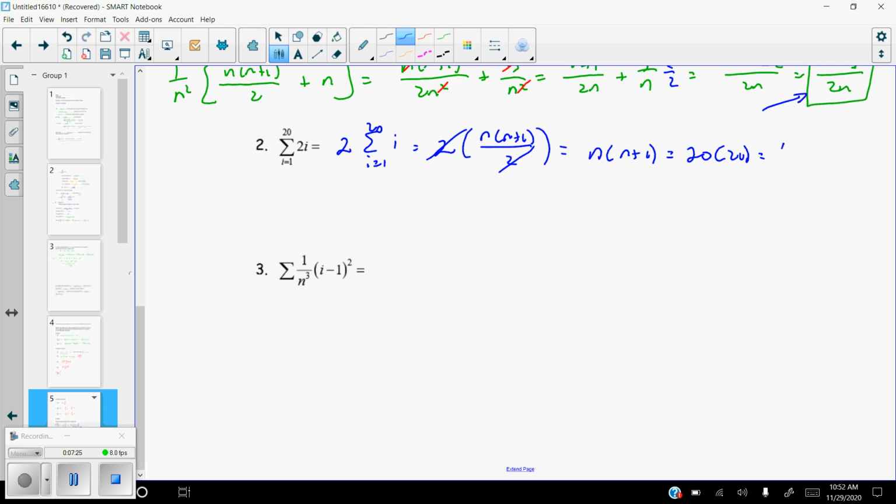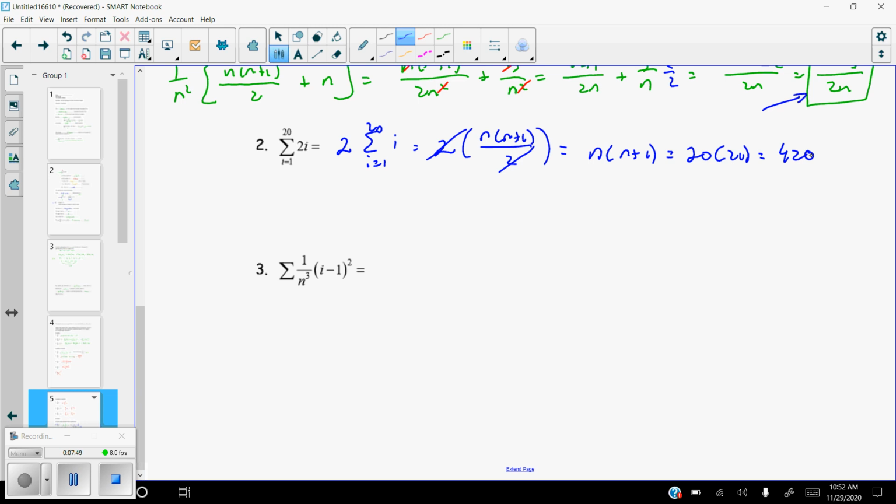Double that is 420. So there you go. 420 is the sum from i equals 1 to 20 of 2i. Again, you could have just done plugging in 1, plugging in 2, plugging in 3, so you get 2 plus 4 plus 6 plus 8 and all the way up to 40. Could have done it that way. But this is probably shorter and easier.